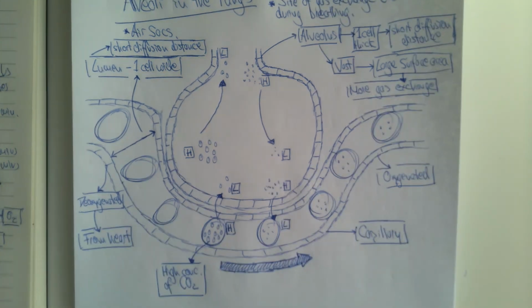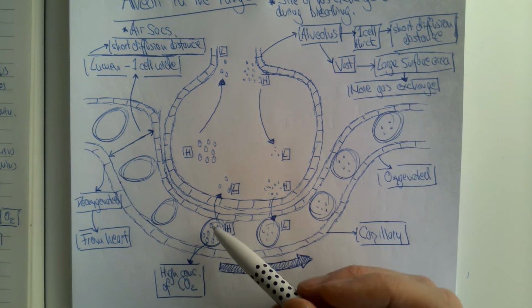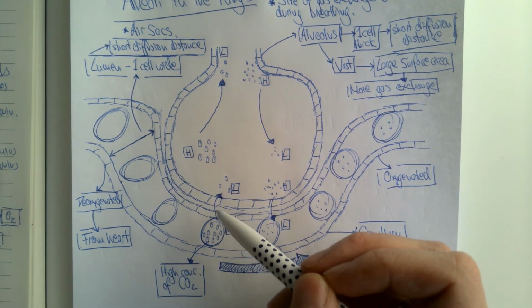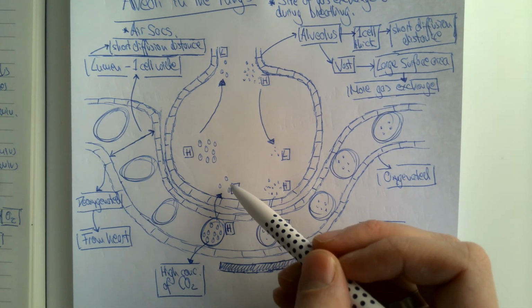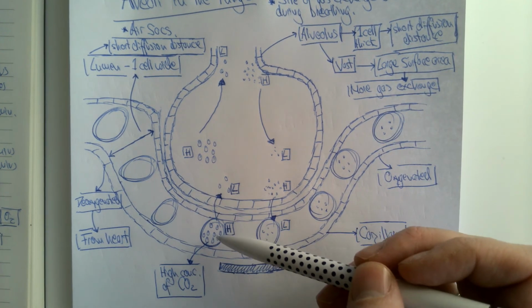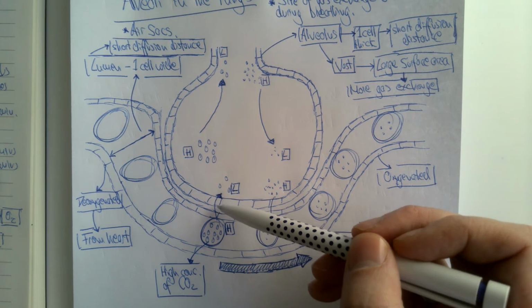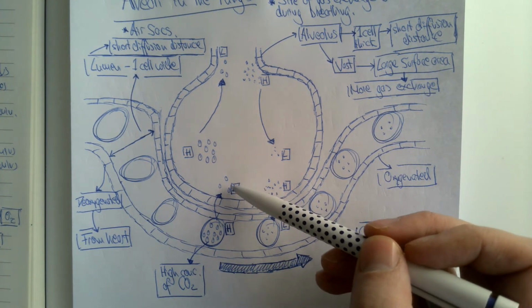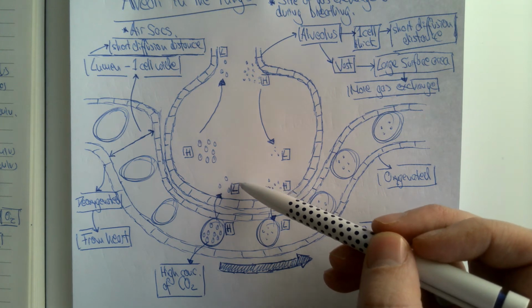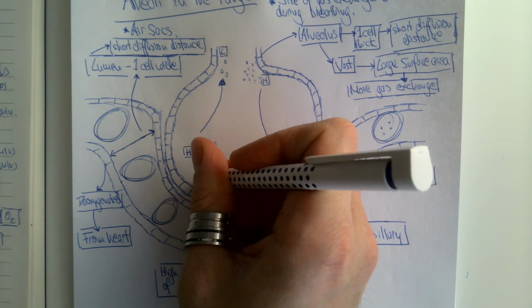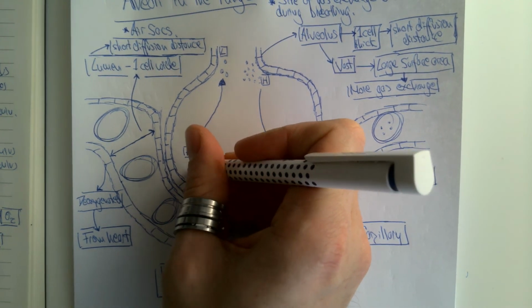Now, when they reach the alveoli itself, because they breathed in at this point, has low concentrations of CO2. So it means that the carbon dioxide can move out of the blood via diffusion across a really short diffusion distance into the alveoli in the lungs where there's a low concentration of CO2. So it moves by diffusion.